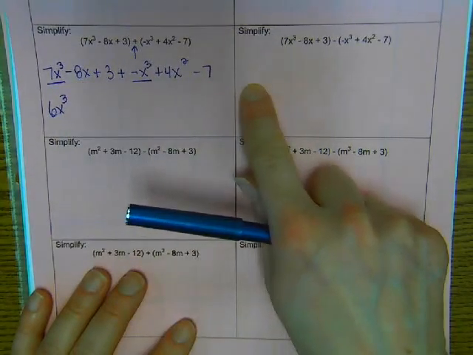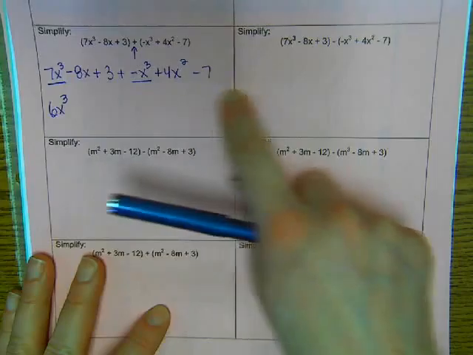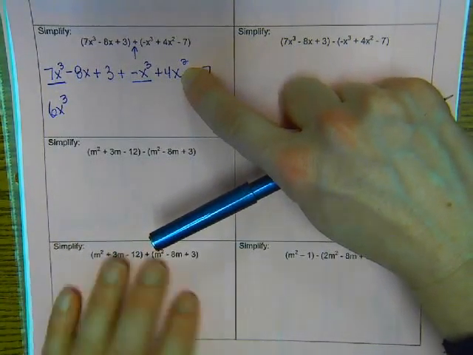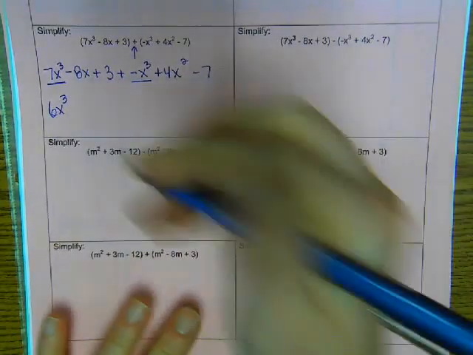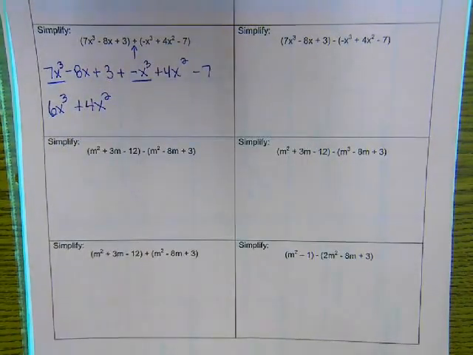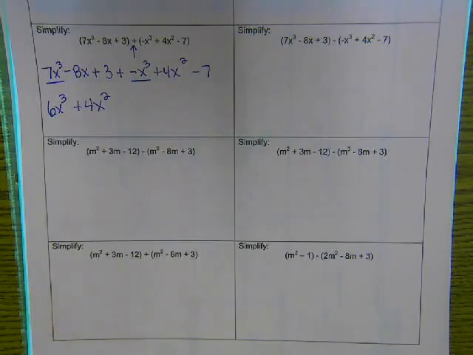All right, let's look down the list. We're trying to do standard form here. What's the next highest degree? This one, 4x squared. I don't see any other x squareds to add with it, so I'm going to write plus 4x squared. What's the next highest degree that we see? Minus 8x.